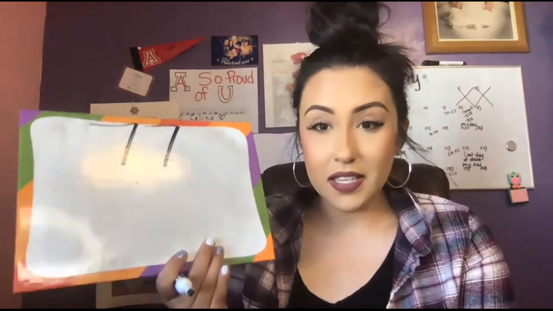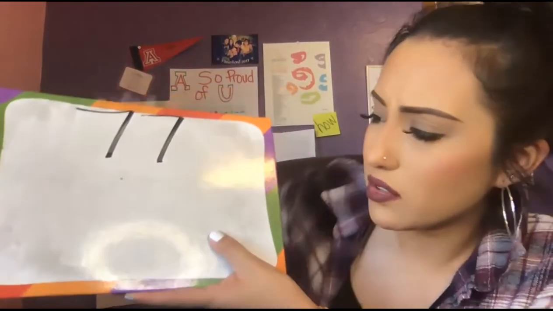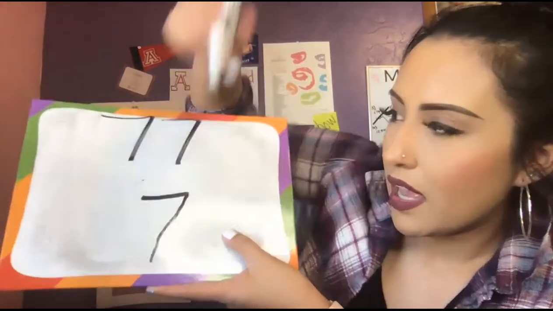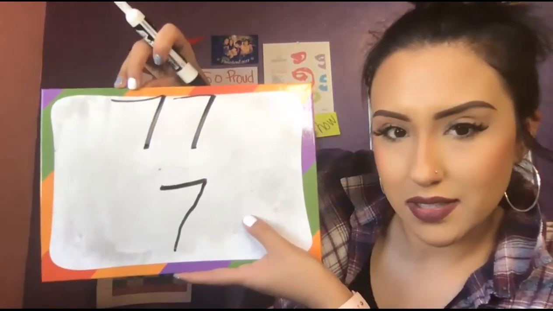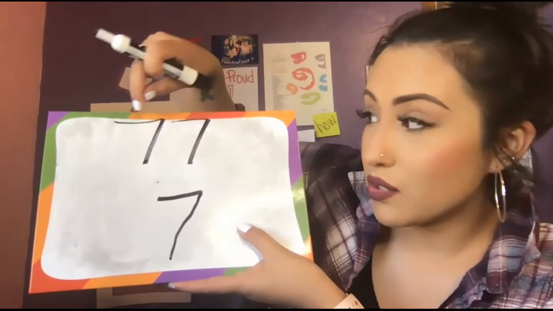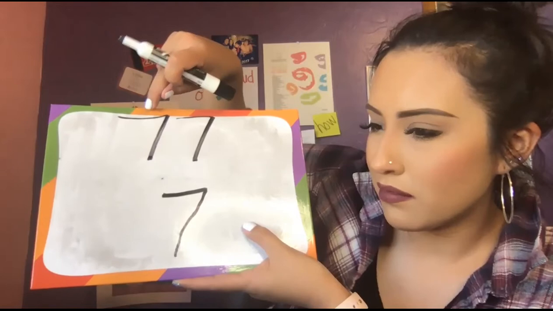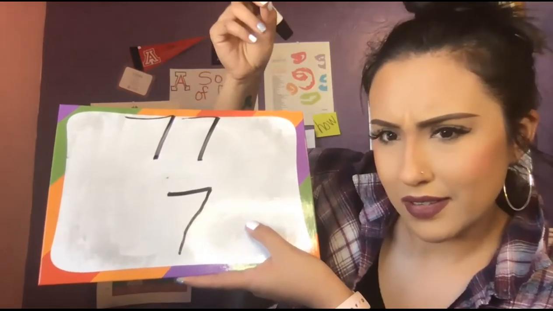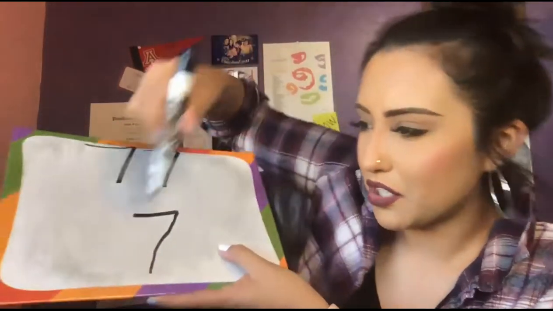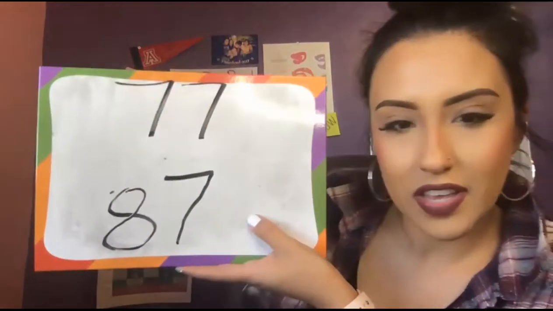Wow, well, let's see. So am I getting any more ones? No, so my one stays the same. Am I getting any more tens? Yes, I'm getting 1 ten. I'm getting an extra 10. So in my 10s place, I need to do 7 plus 1 more 10 is 8. It's 7 plus 1, which is 8. And my number is 87.